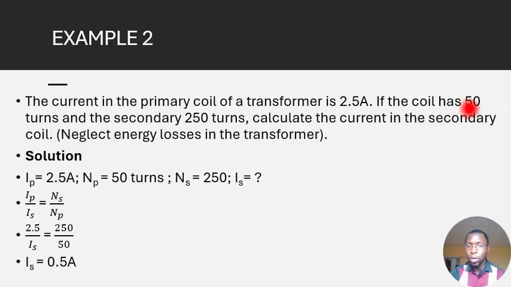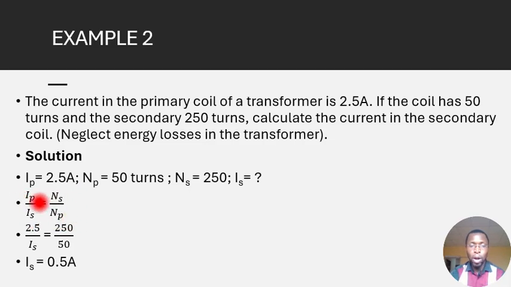The number of turns in the primary coil is 50, so our NP is 50. While the secondary coil has 250 turns, so our NS is 250. So we are meant to calculate the current in the secondary coil. That's our IS, which is unknown. So using the formula, the ratio of the primary current to that of the secondary current equals the ratio of the number of turns in the secondary circuit to that of the number of turns in the primary circuit.